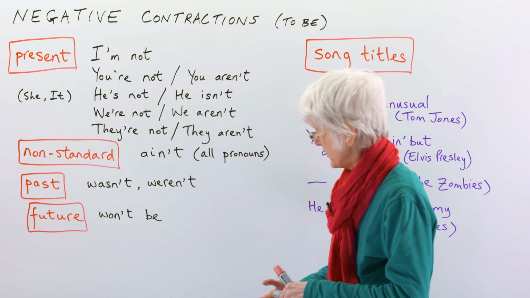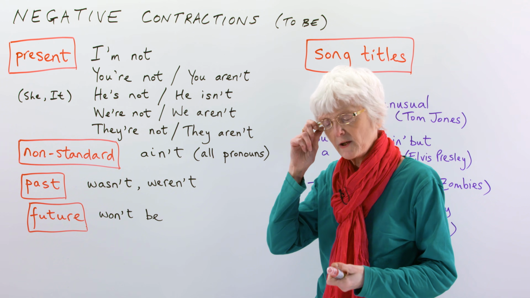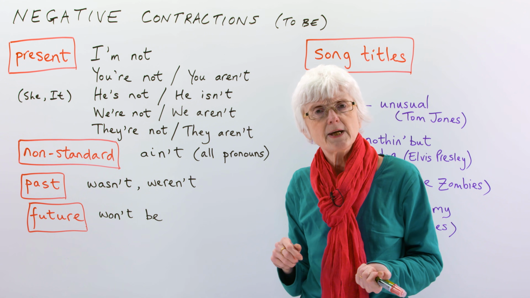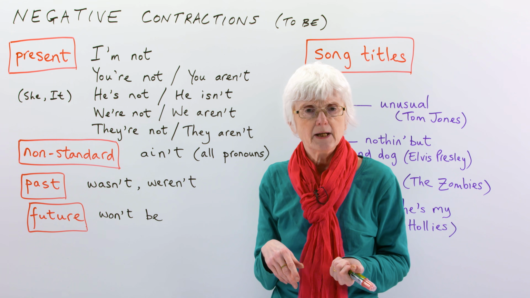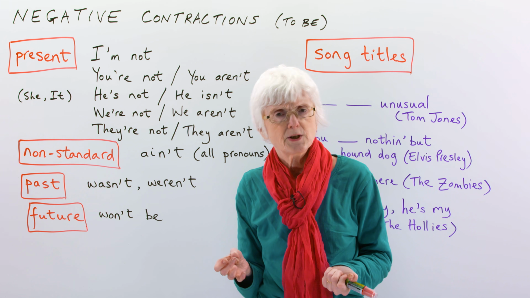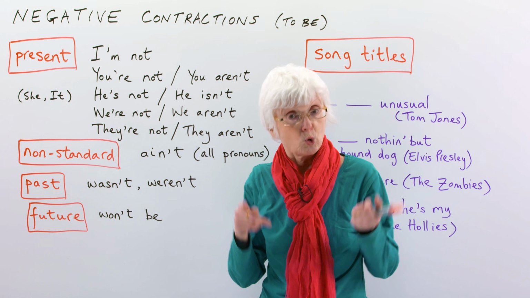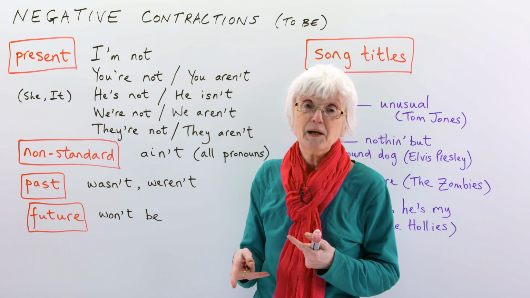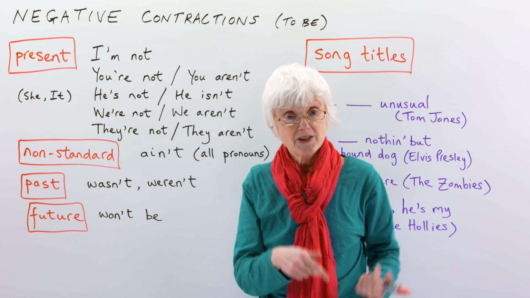And then there's a funny thing that happens. There's a non-standard version of this, which you might hear in the UK, especially in the London area, but I think it's also used in other parts of the country too. And it's a non-standard, which some people call bad grammar, but to be more polite, it's called non-standard.